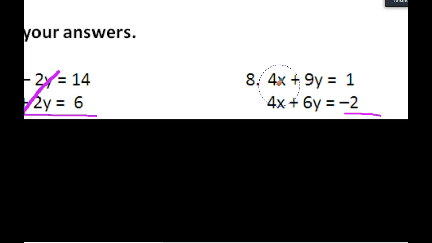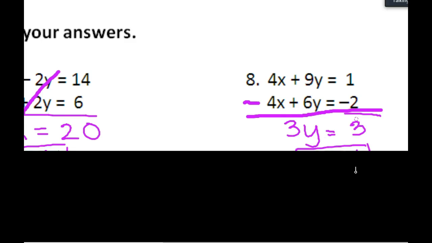Subtract. So instead of adding them together, I'm going to subtract the bottom equation from the top. So 4x minus 4x cancels out. 9y minus 6y becomes 3y, and 1 minus a negative becomes a positive, so you get 3.